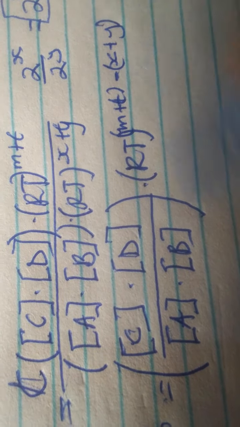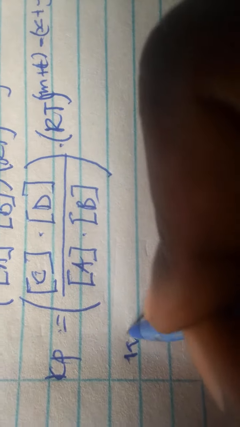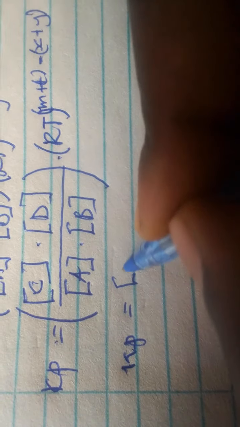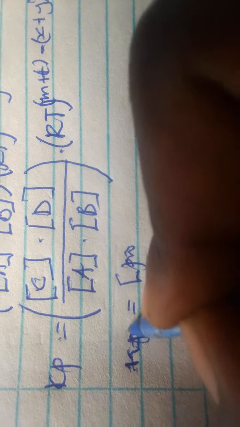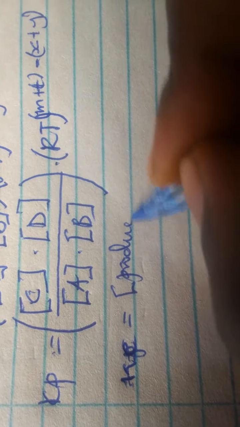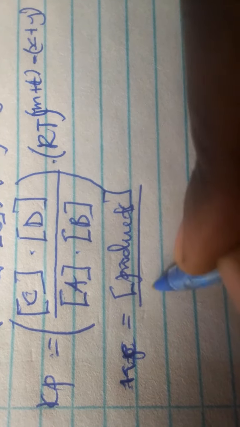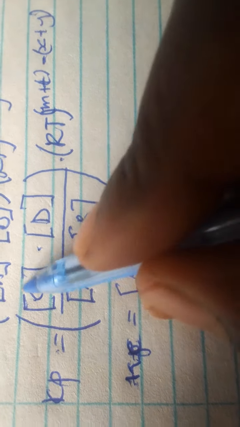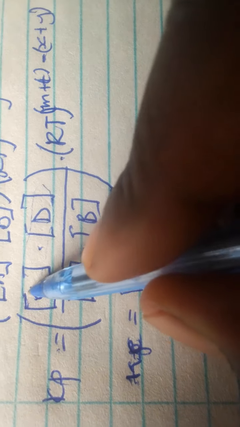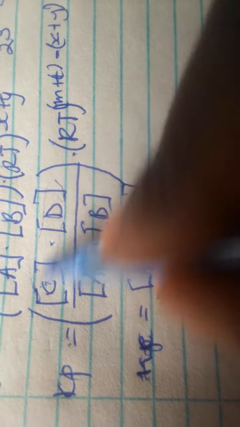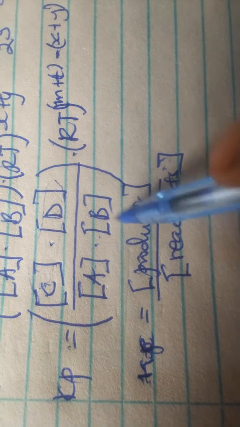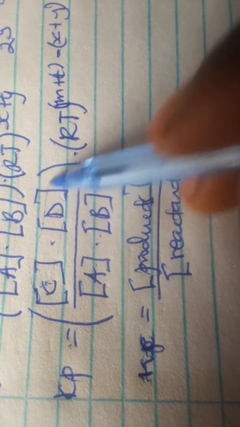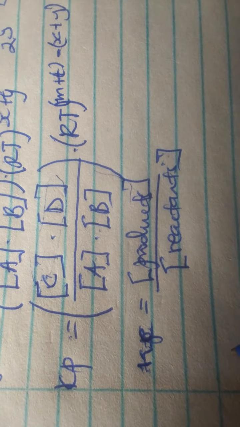Now, from here, you can see that the concentration of products out of the concentration of reactants, where these are products and these are reactants from our equation, is equal to Kc.